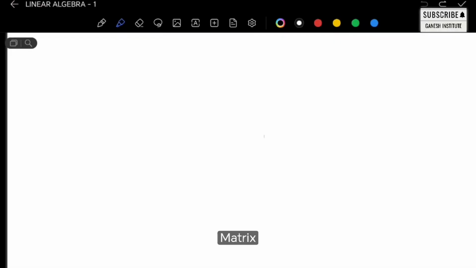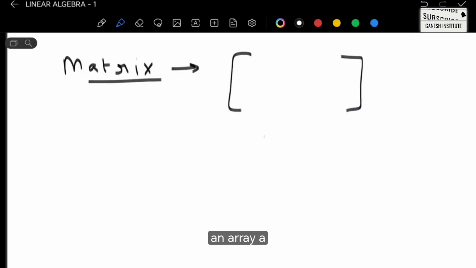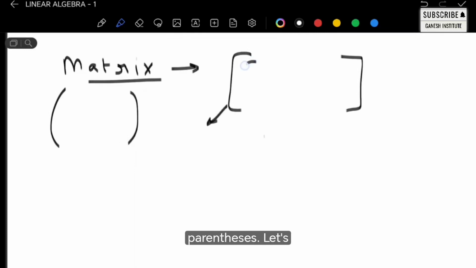So what is a matrix? A matrix is basically an array, a rectangular array. This is a structure shown with square closed brackets or parentheses. Let's say I'm writing some numbers here.